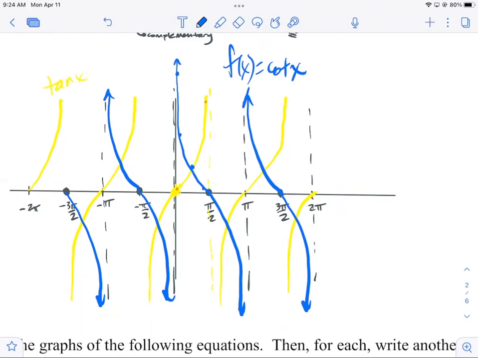Cotangent has a VA at 0, and tangent passes through 0. You can remember that because what's tangent of 0 from all our unit circle quizzes? 0, right? And what's cotangent of 0? DNE. And for tangent and cotangent, if you know just one critical value, namely at 0, you know what all the rest of them look like, because it's not high axis, low axis, high axis, low.